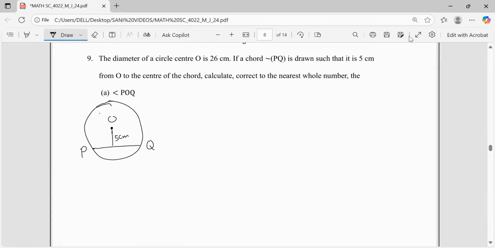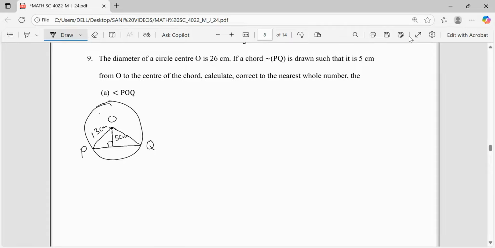As we all know, the radius is half of the diameter. So the radius is 13 centimeters. So we have a radius here also. So the question says find angle POQ.